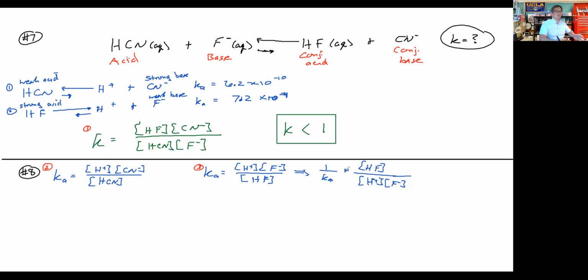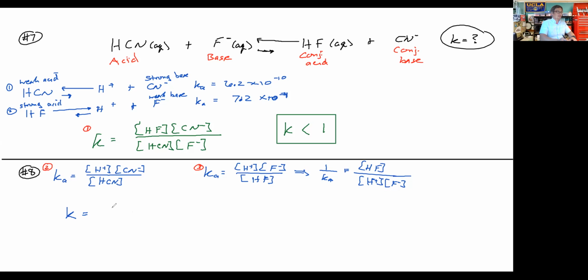So how would we combine them together to get this? Okay, so let's take a look at that. Can you see then, to get this value here, that we multiply this value for Ka? So let's go ahead and do that.